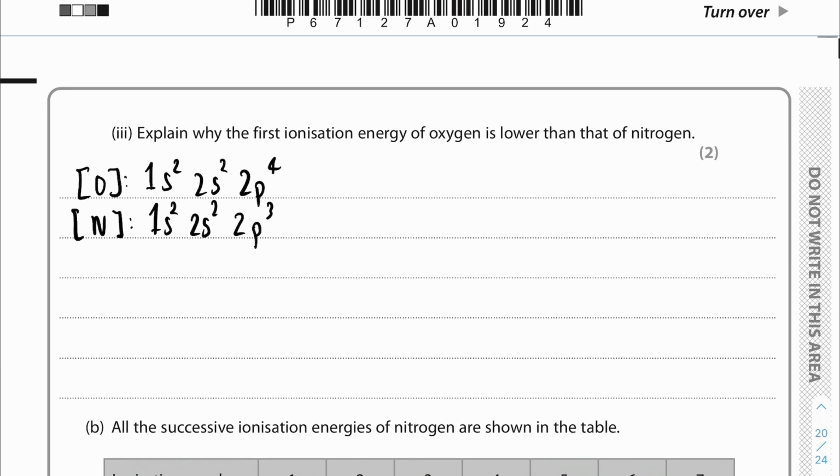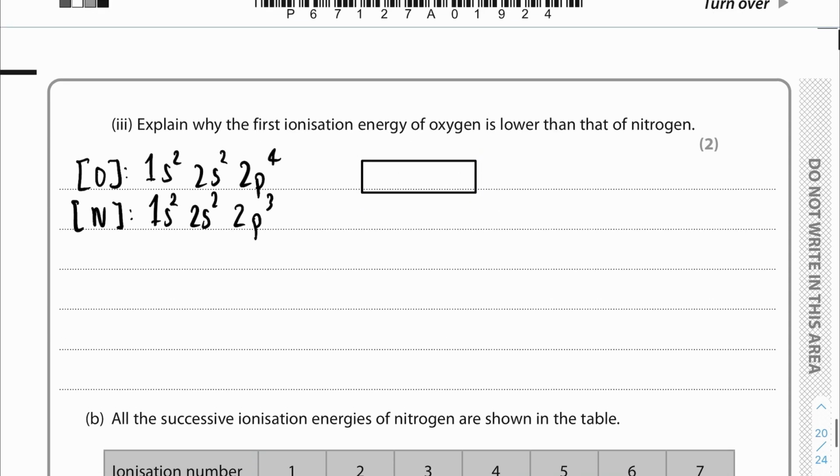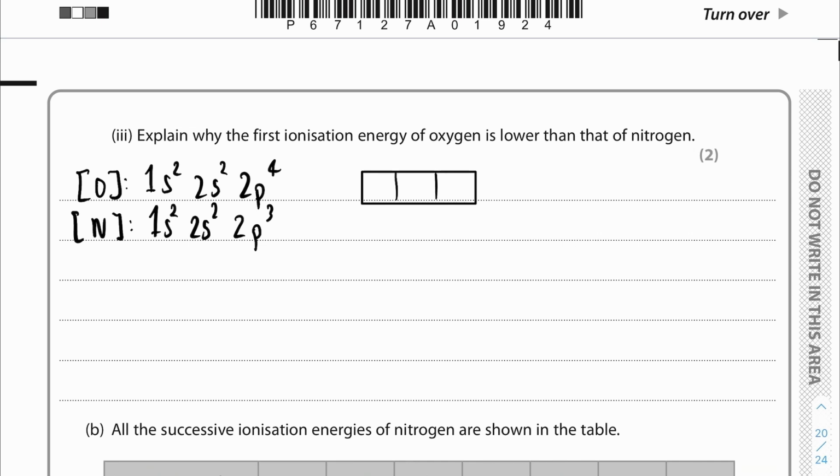So in terms of spin, let's explain it. Here we have 1, we have 3, and we go back here, and we have a spin here. And for N, same thing here, we have 1 electron spin.